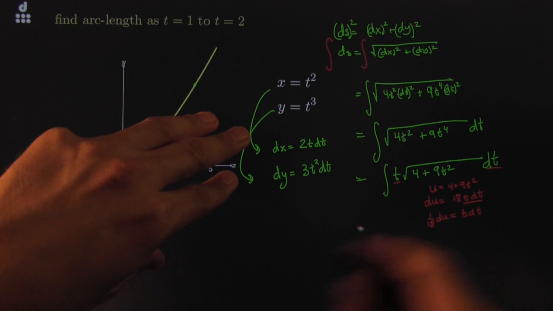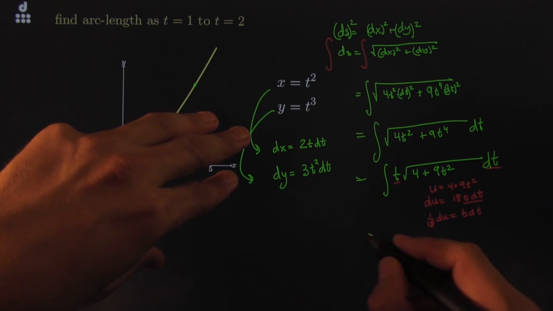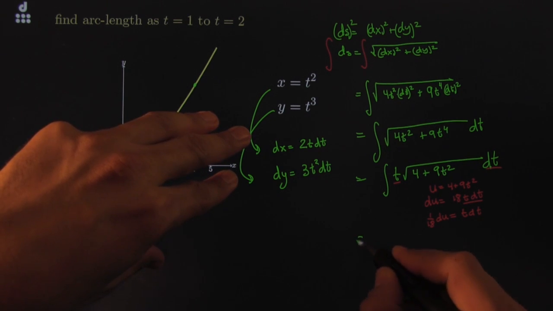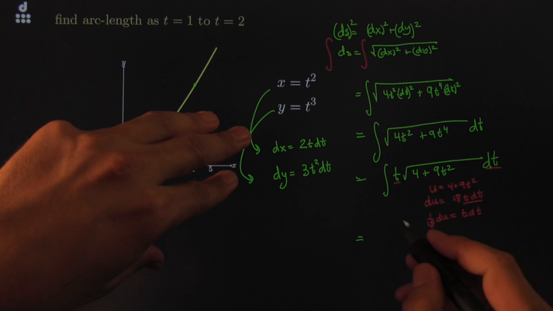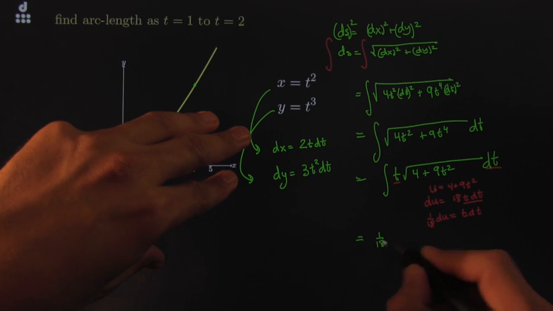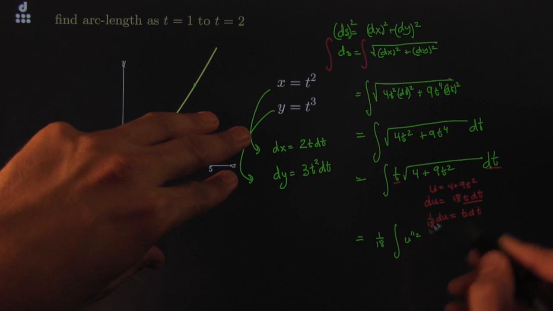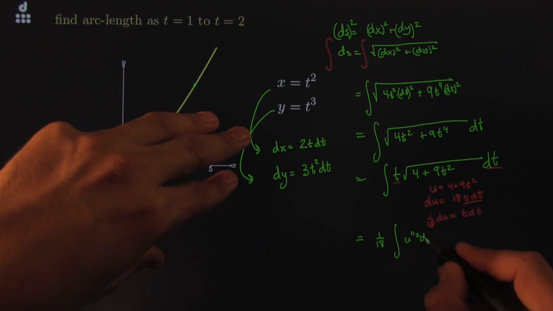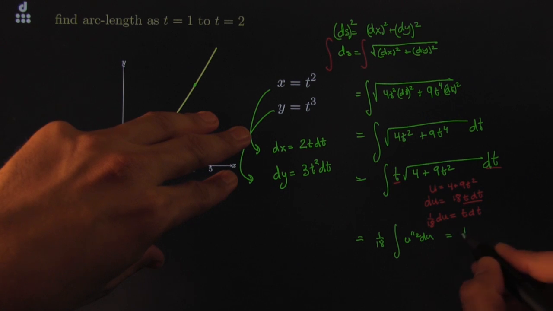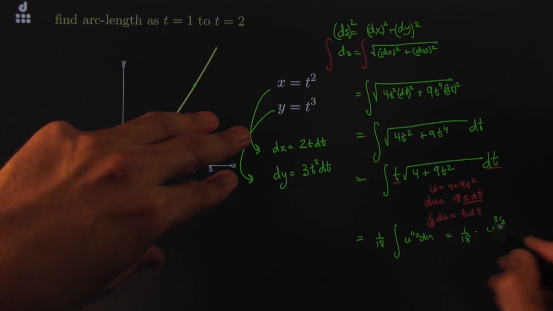So this becomes, let's go back to green. Alright, that would be 1/18 integral of u to the 1/2, that's this piece, times t dt, which gives you du. So this becomes 1/18 times u, I have to add 1 to the exponent, divided by the new one.